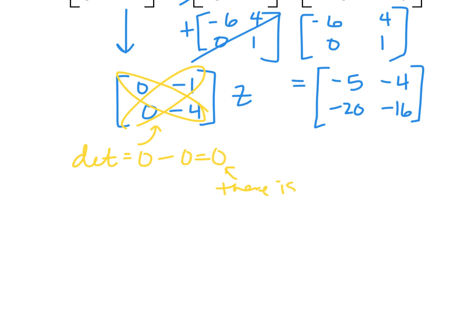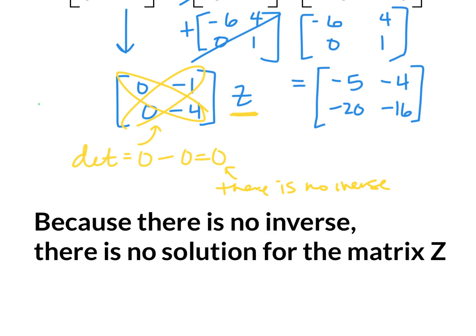And because there is no inverse, I'm not going to be able to isolate this z, which means in this case there is actually no solution for the matrix z. So for this problem, you would obviously need to show that there is no inverse, but then you would just say that there is basically no solution here.